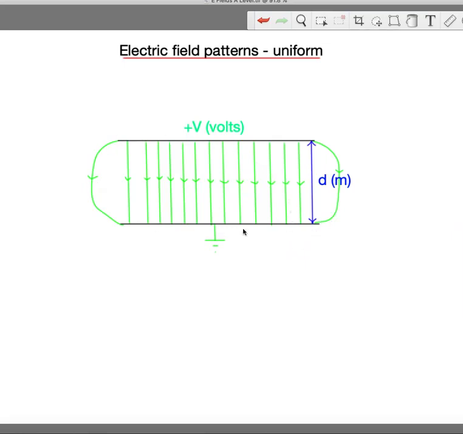So there you have the field pattern between two parallel conductors with a potential difference between them. Important points: straight lines away from the edges, from positive to negative, arrows on the lines, same distance apart throughout. Then at the edges, the field lines curve.